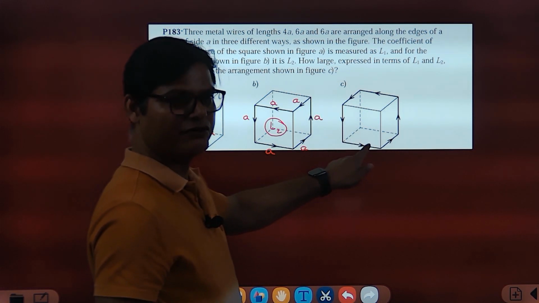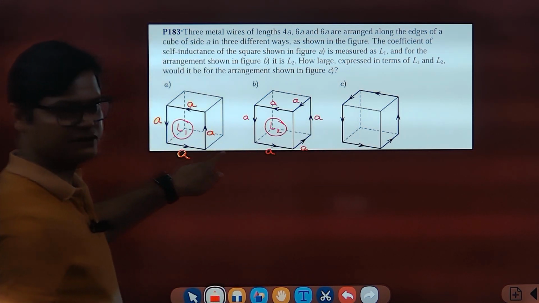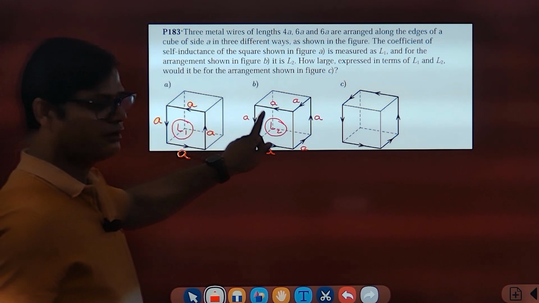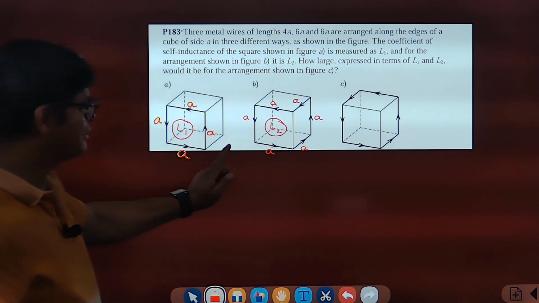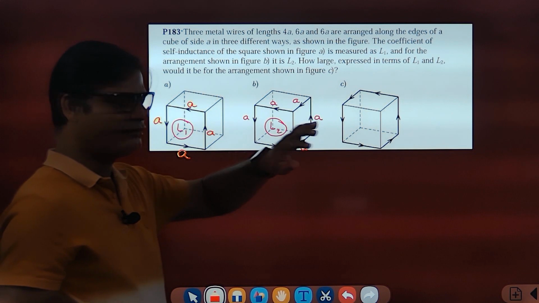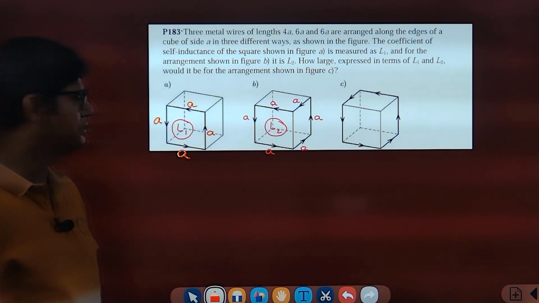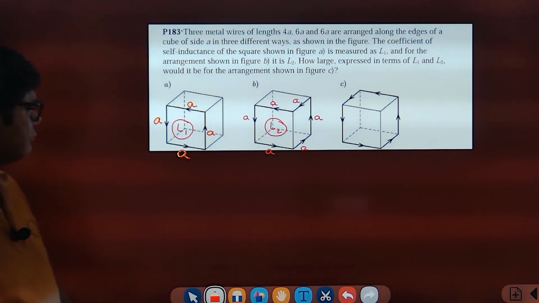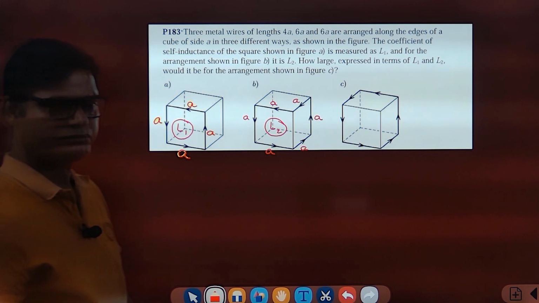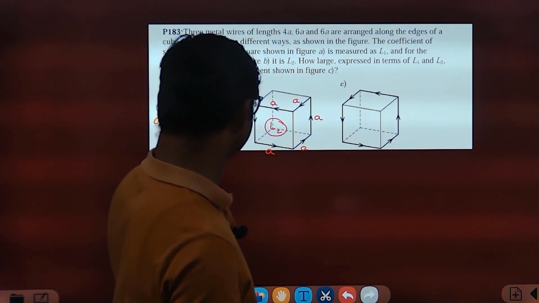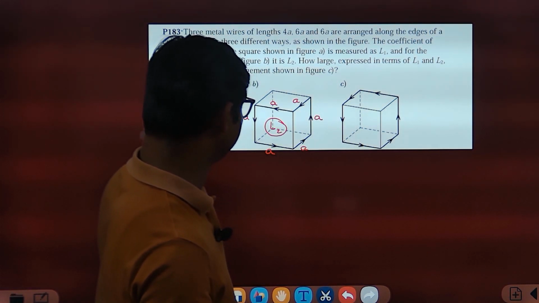Now, it is a different loop. This loop has an inductance of L1, this loop has an inductance of L2, and then we want to find the inductance of this loop. So, let us first see the relation between L1 and L2.